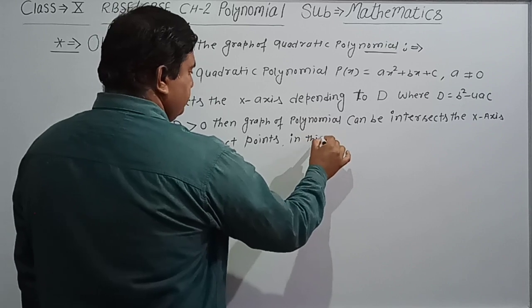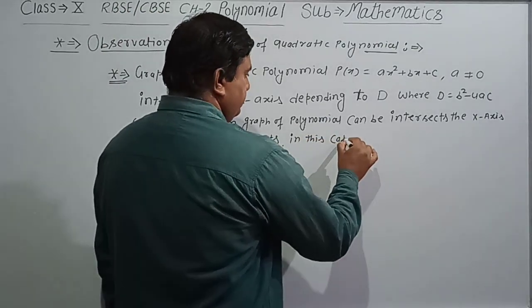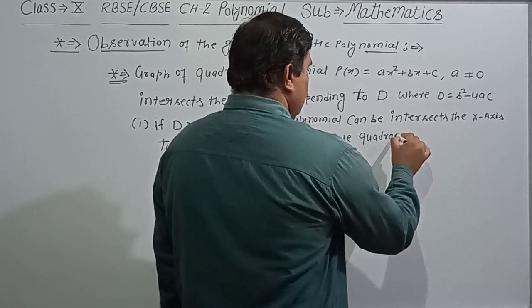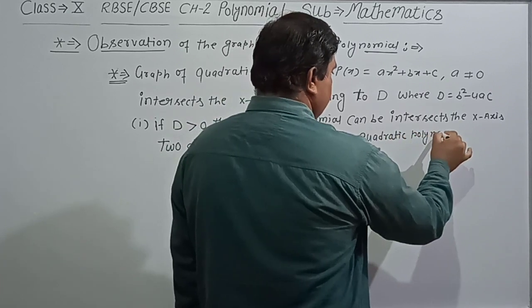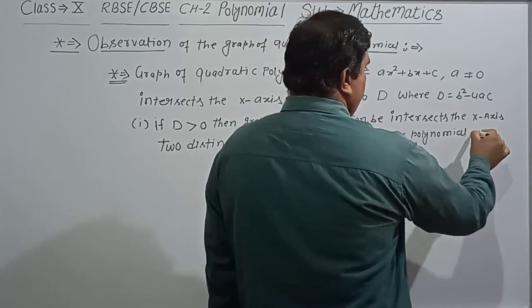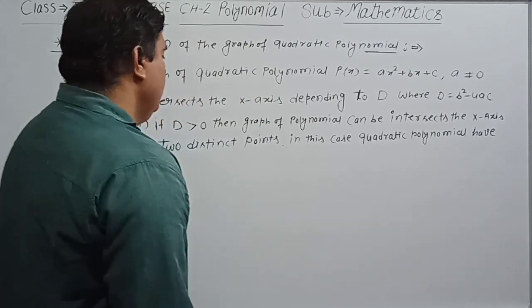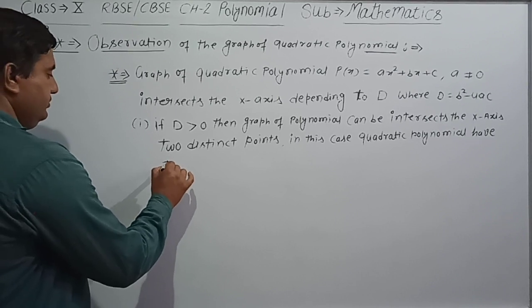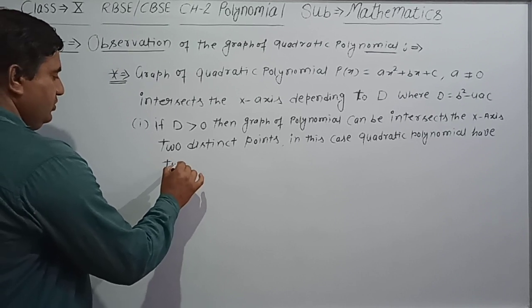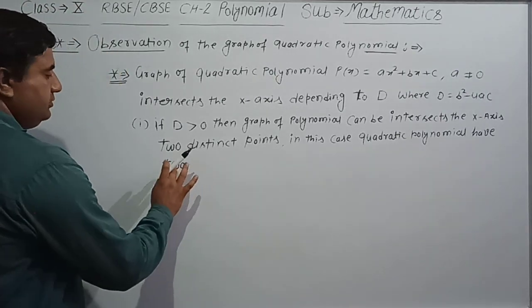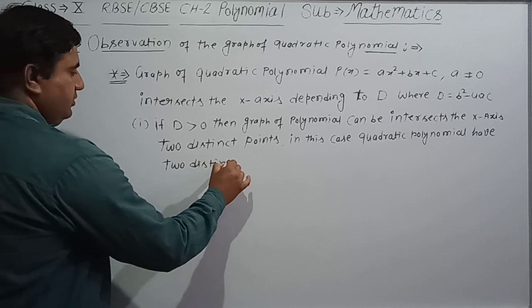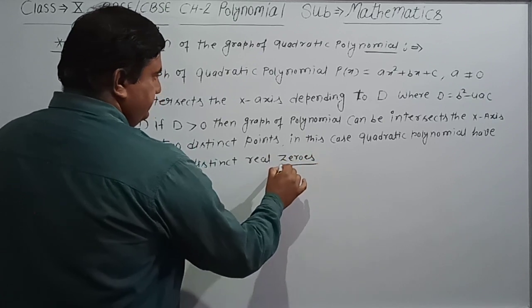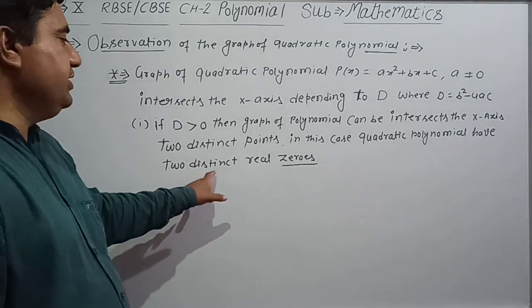In this case, the quadratic polynomial has two distinct real zeros.